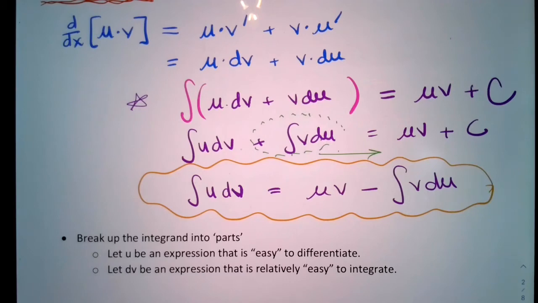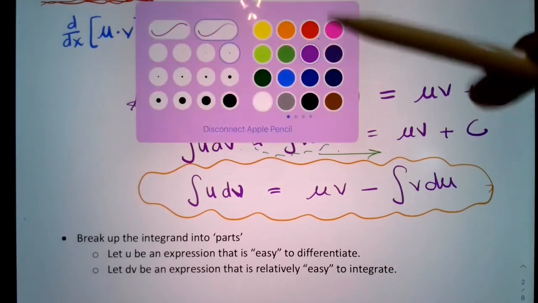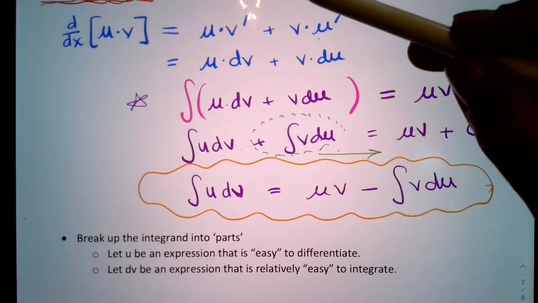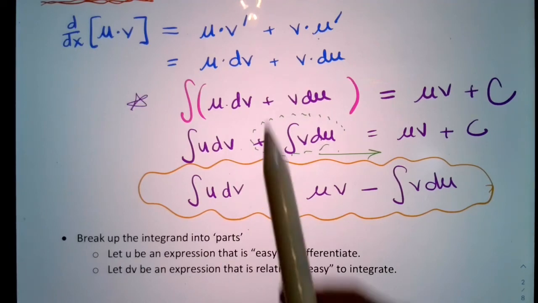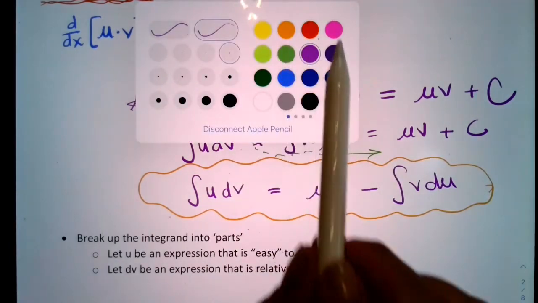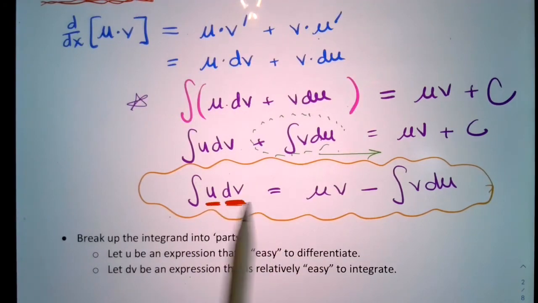I like to think about it as integration by parts for a couple of reasons. For one, you're breaking up your integral into parts. You're going to call part of your integrand u, and the other part you're going to call dv.